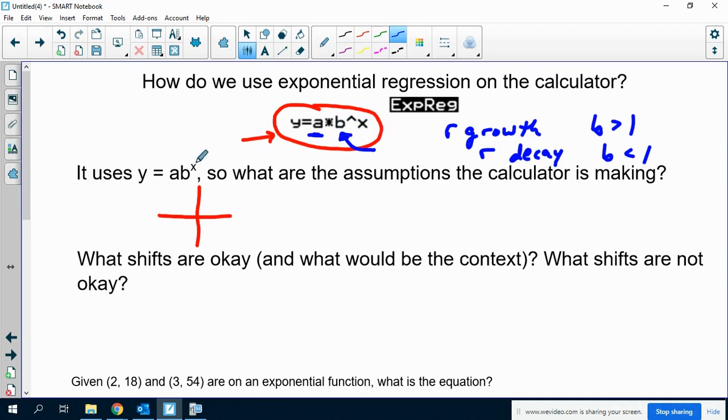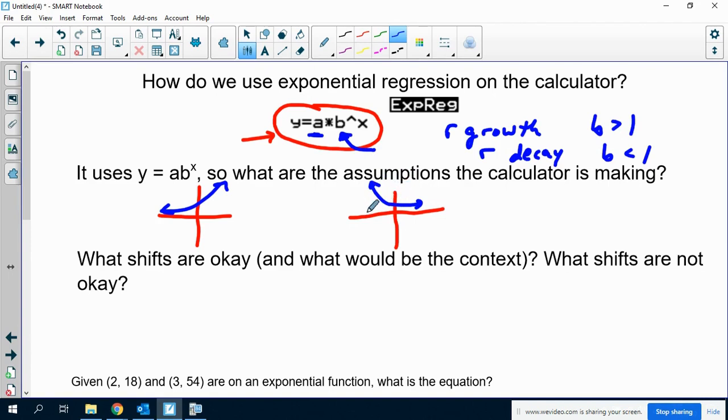Then we have this to the x power. So our graph will look something like this if it's growth, or it will look something like this if it's decay. But those are basically the only two things that I can have. There's really no other way of going about this.